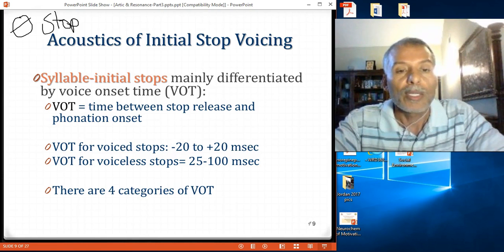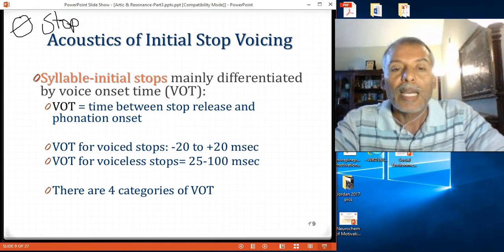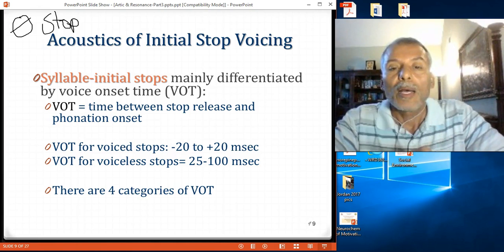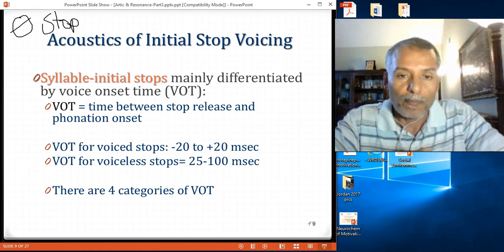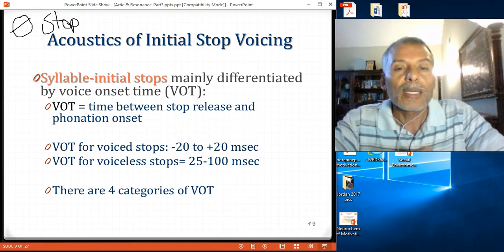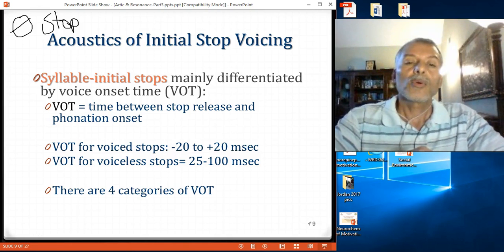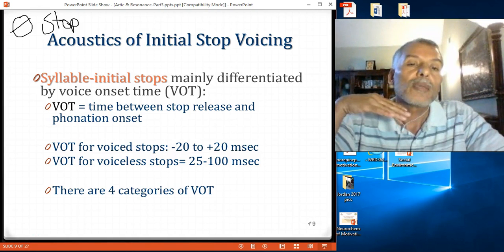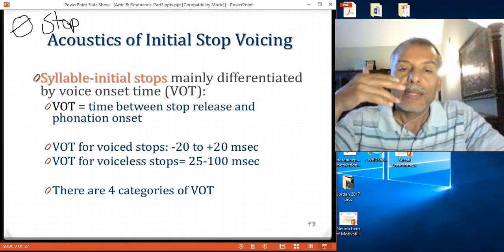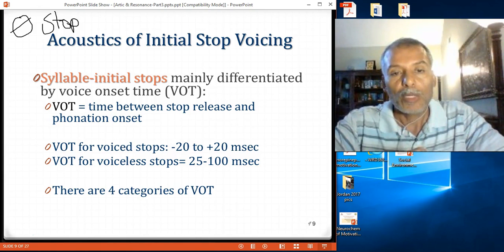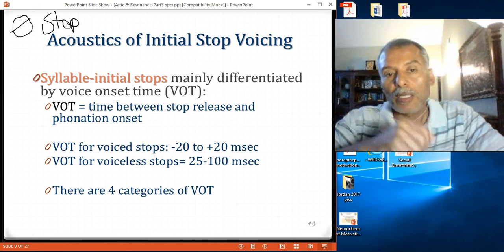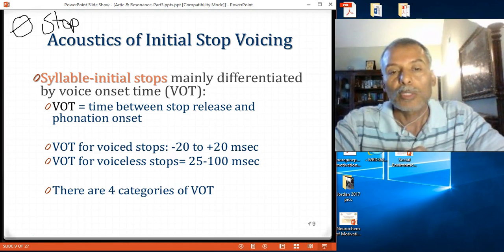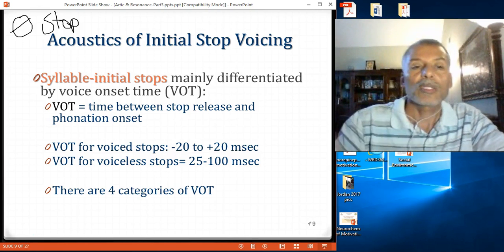For example, when you say B, you haven't released, there's voicing here, and then depending on the context, of course, also when you say G. So the range again, they can start before the release, and it can also start 20 milliseconds after the release, depending on the context.